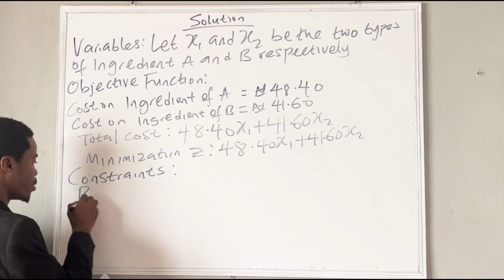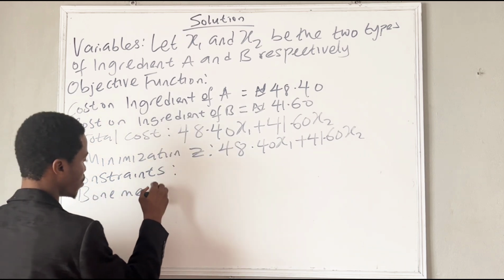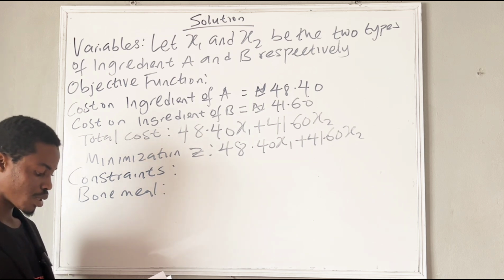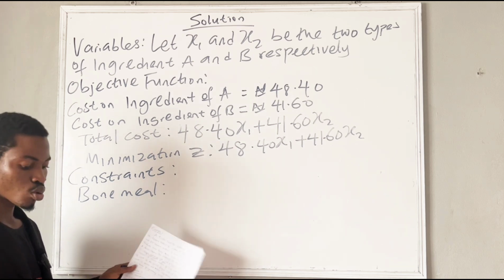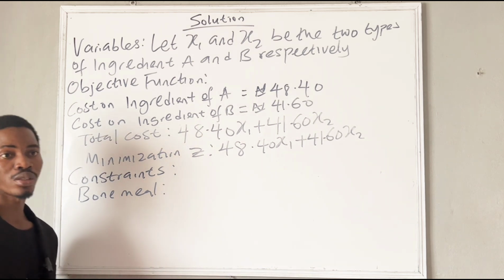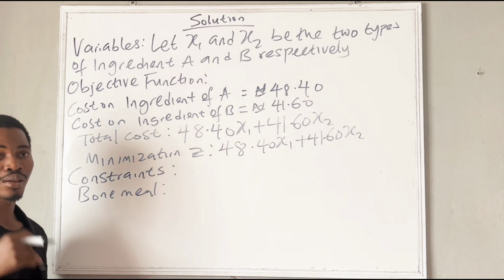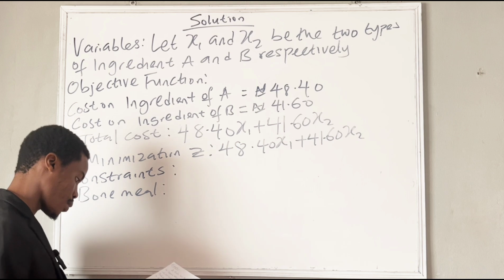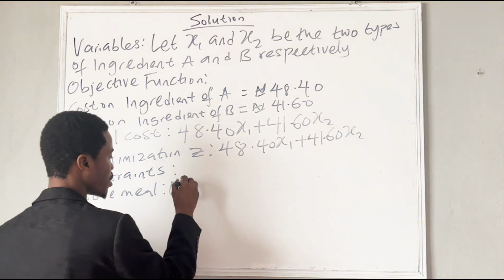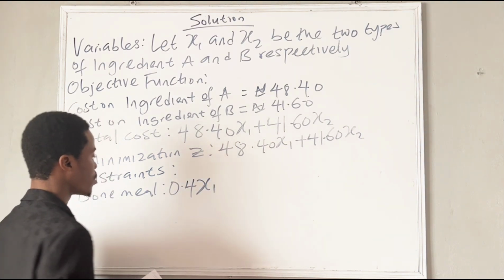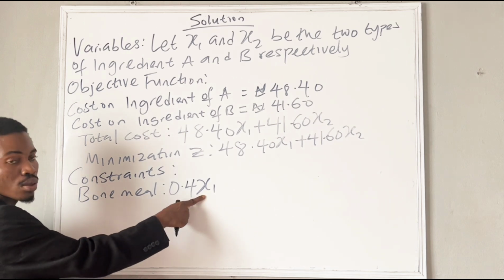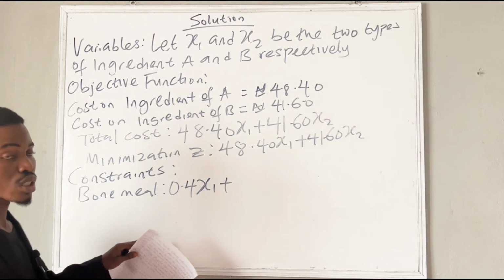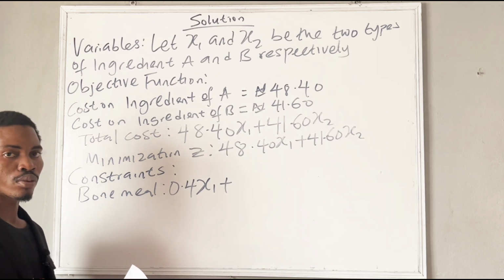So the constraint on bone. A contains 40% bone, so we have to convert 40% to decimal. We divide it by 100: 40 divided by 100, we are going to have 0.4. So 0.4 x1, because our ingredient A is represented as x1, plus our ingredient B. We check ingredient B for bone meal.